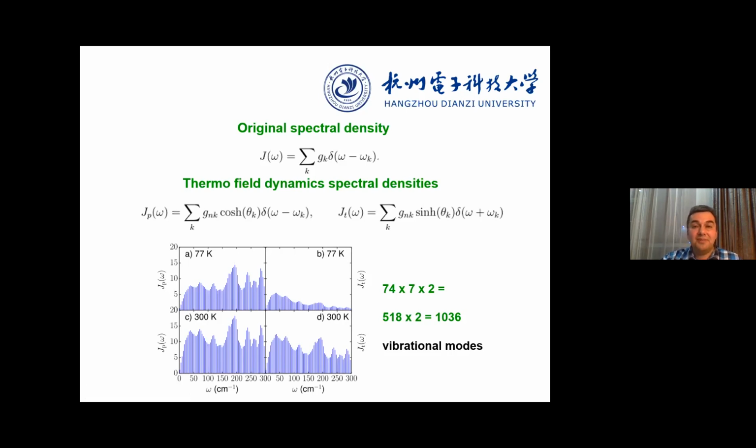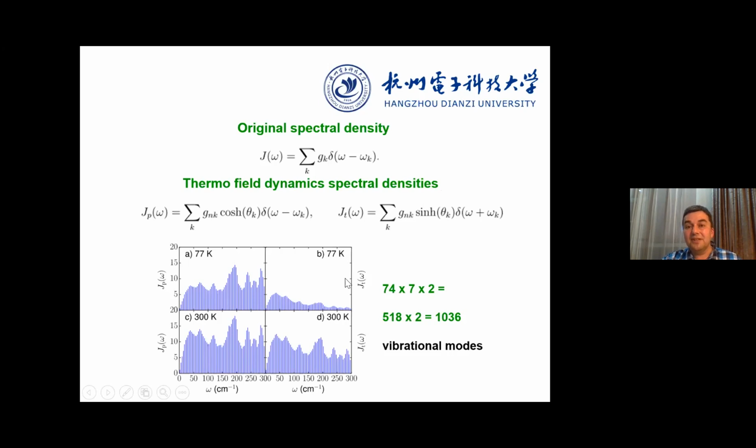And to describe these dynamics, you can just introduce spectral densities for the original vibrational modes and for these additional tilded vibrational modes. If this is the standard original spectral density, you can introduce these temperature-dependent spectral densities, which are re-normalized by these temperature-dependent coefficients.